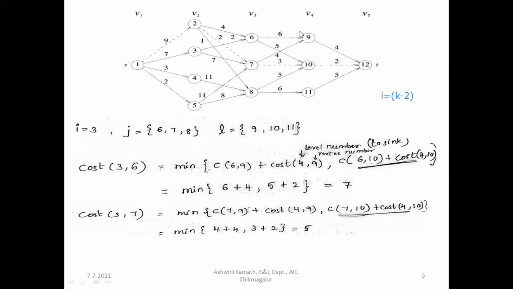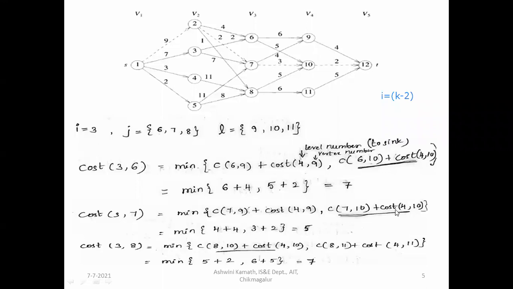So 9 to 12, it is 4, and then C of 7 to 10, it is 3, plus cost of 4 to 10, which is equal to 2. So here 4 plus 4 is 8, 3 plus 2 is 5, 5 is minimum, so 5 will be considered. Again, from this vertex I am getting the minimum value, that is vertex 10. From vertex 10, I am getting the minimum value from the fourth stage. That's why I have underlined this.